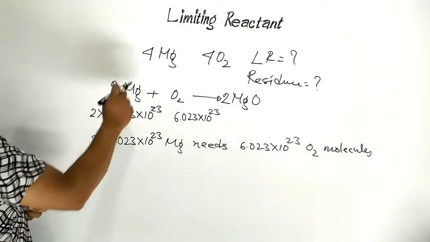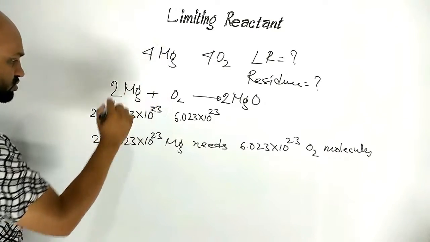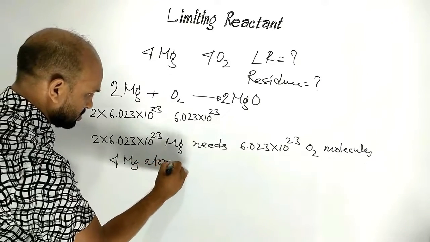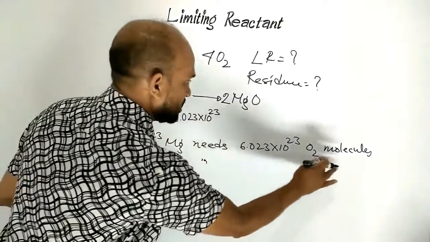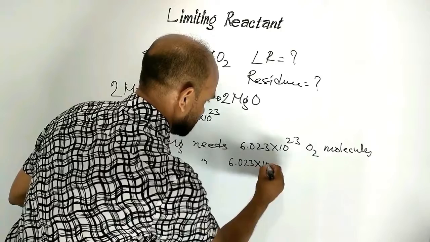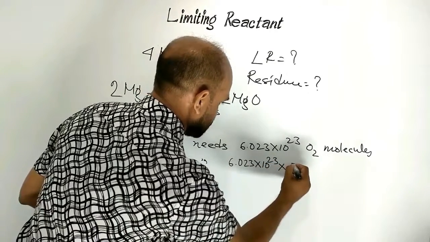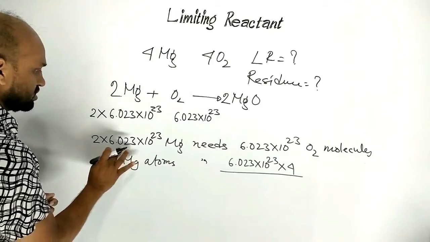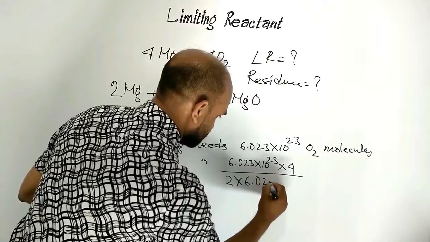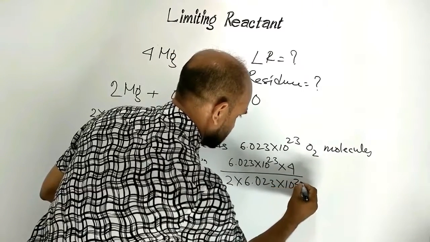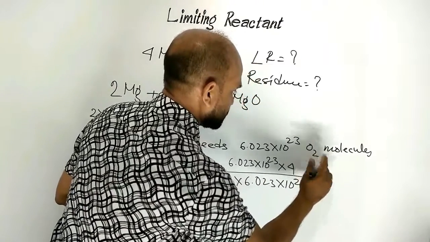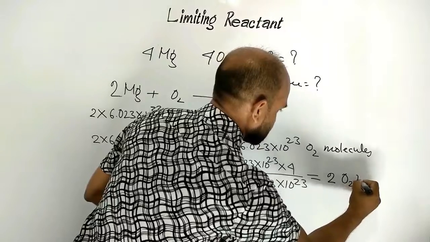So here we have 4 magnesium atoms. Now 4 magnesium atoms need how many oxygen molecules? 6.023 into 10 to the power 23 into 4 divided by the number of magnesium atoms, 2 into 6.023 into 10 to the power 23. Here the number of oxygen molecules will be 2 oxygen molecules.